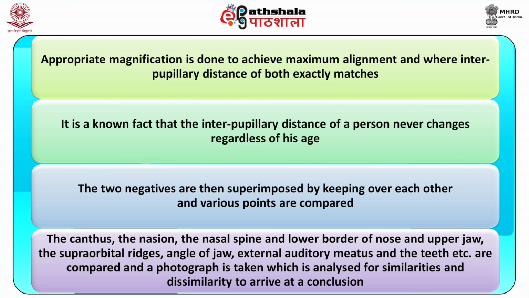The two negatives are then superimposed by keeping over each other, and various points are to be compared. The canthus, the nasion, the nasal spine, and the lower border of the nose and upper jaw, and the supraorbital ridges, the angle of jaw, and external auditory meatus and the teeth etc. are compared, and a photograph is taken which is analyzed for similarities and dissimilarities to arrive at a specific conclusion, whether it matches or not.